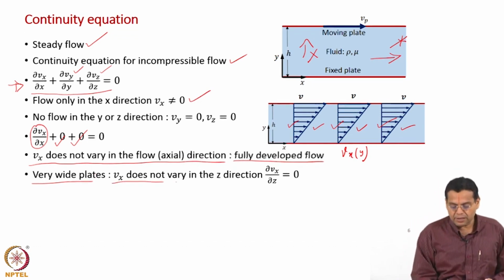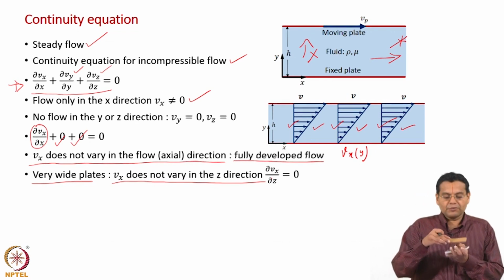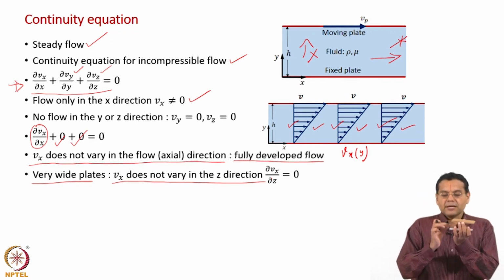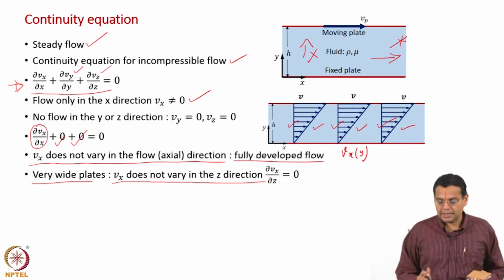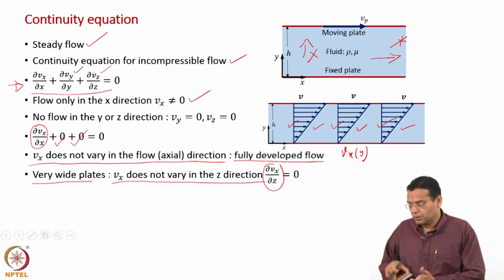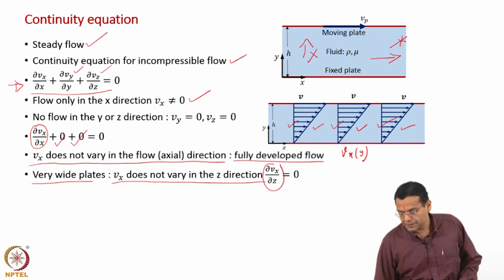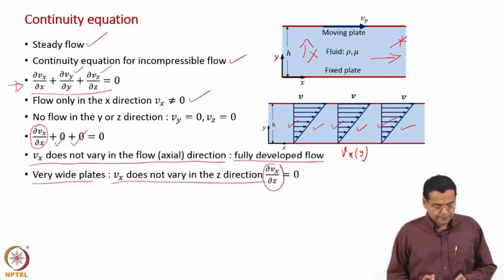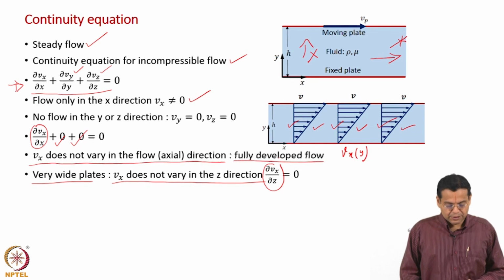Vx does not vary in the z direction. So, we assume, once again it is an assumption, that dou Vx by dou z is equal to 0. Okay.